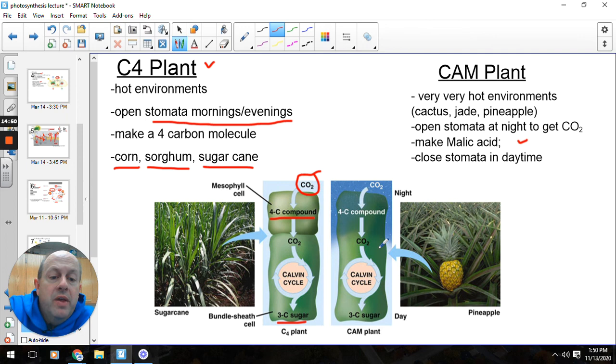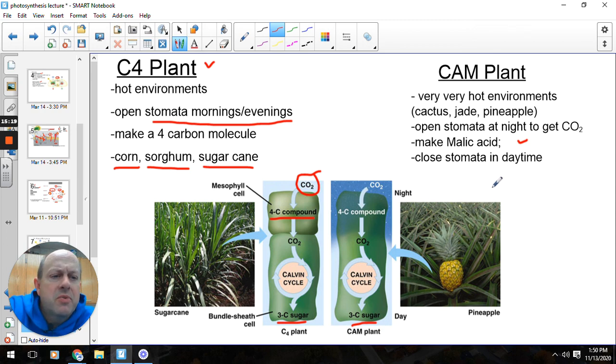And then when the plant is doing Calvin cycle in the day, along with the light reaction, it can convert that malic acid into the carbon source it needs for the Calvin cycle to make its G3P sugar. So again, we're adding an extra step. So that means we have to have extra energy. In the desert, sunshine is no problem. And so these plants can save water and still get their photosynthesis done by being CAM plants.